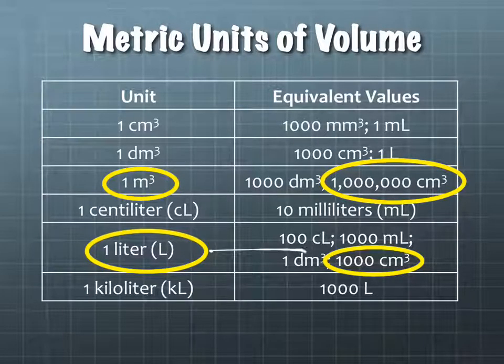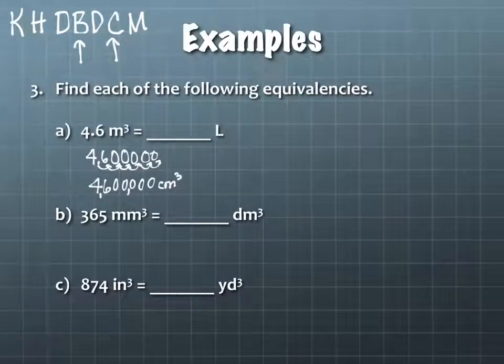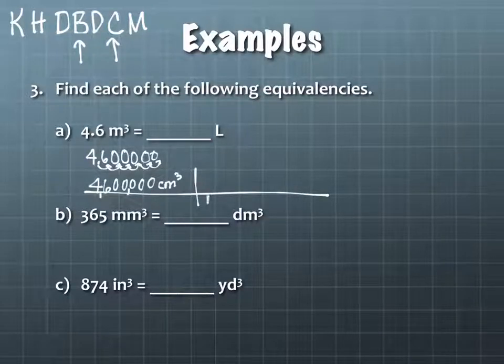Now going between the cubic centimeters and liters, the relationship it shows us is that 1,000 cubic centimeters is 1 liter. So if you want to set up your picket fences or your railroad tracks, this is a good place to do that. It says 1,000 cubic centimeters is equal to 1 liter.